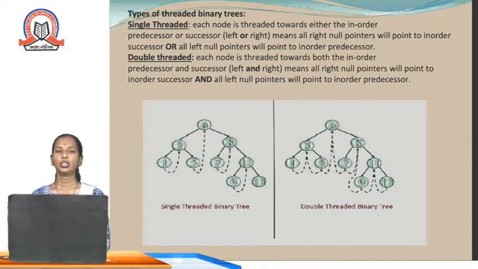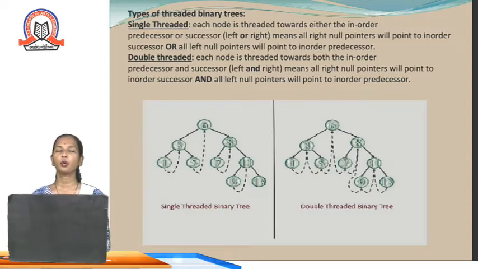Quickly, we have said already that threaded trees will be single threaded trees or double threaded trees. The example of single threaded we have just seen, and the double threaded tree will have both the left and the right threads. Where is it going to point?